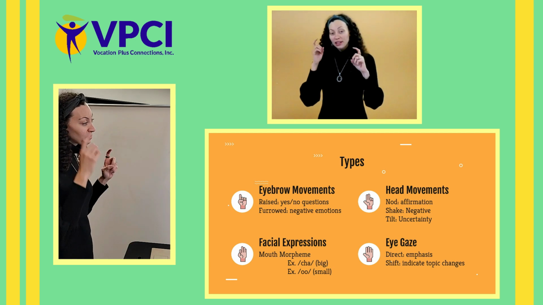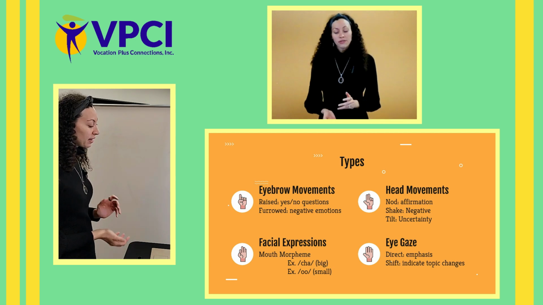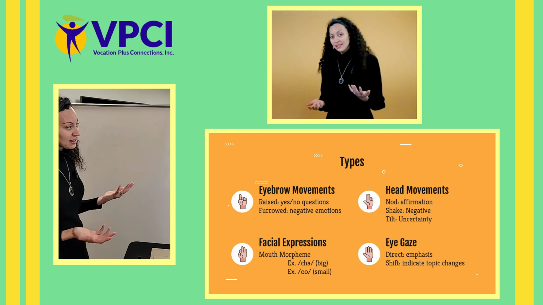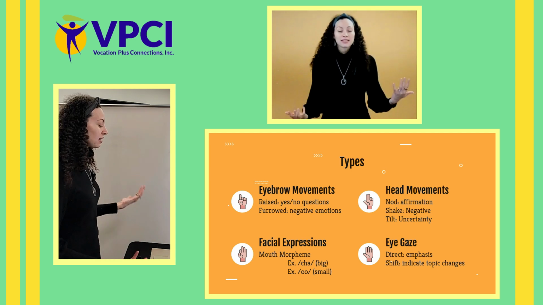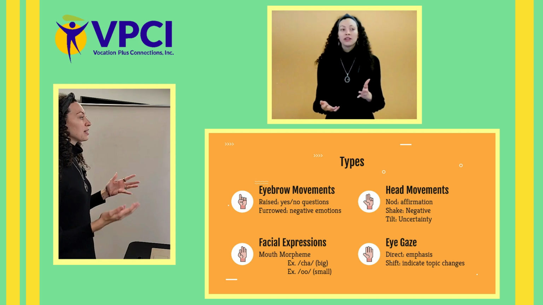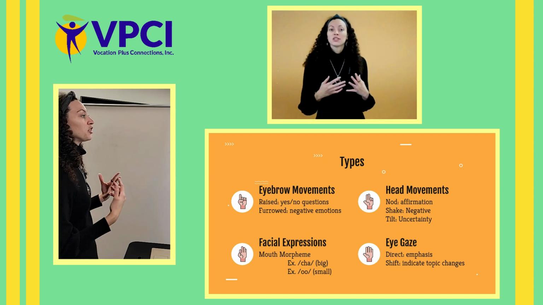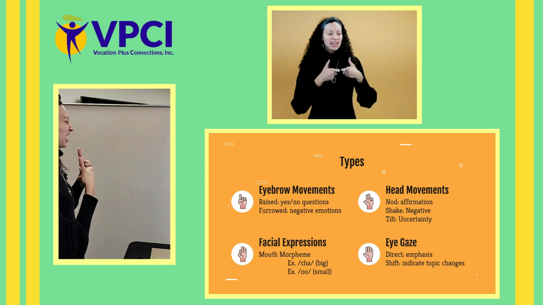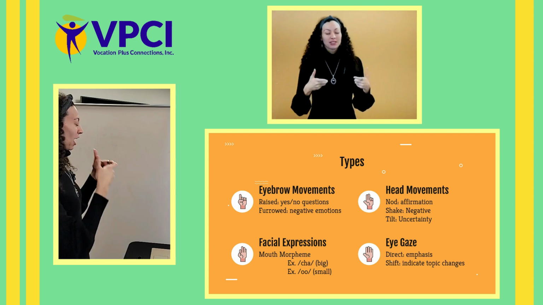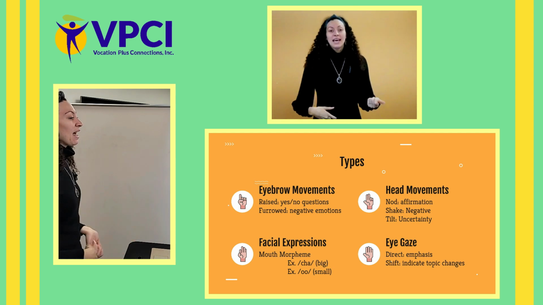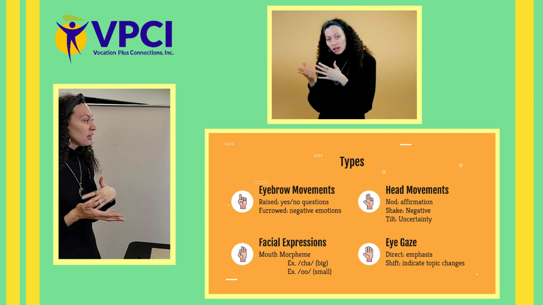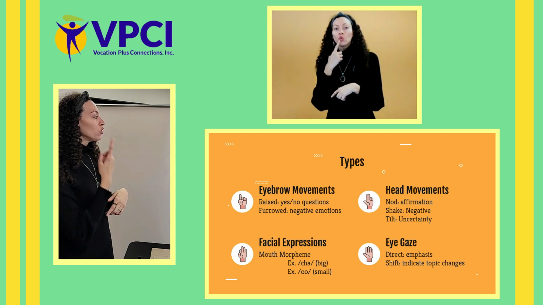Your facial expressions involve your mouth morphemes. Mouth morphemes convey a specific emphasis. For example, if you're describing something big, the mouth morpheme is called cha, and your mouth would be cha, like that. You're describing something big. If you're describing something small, your mouth would be in an ooh shape.